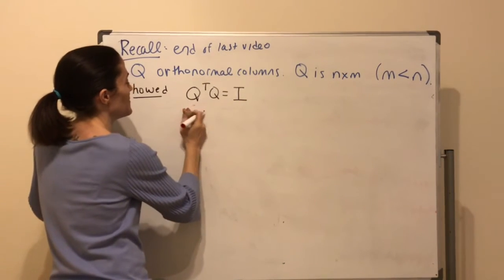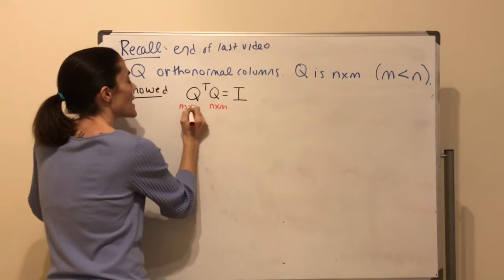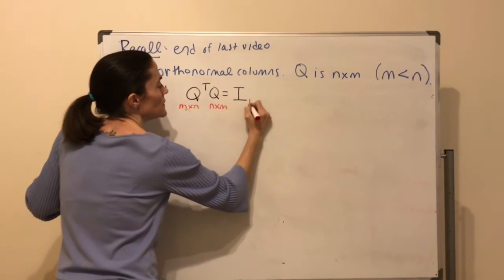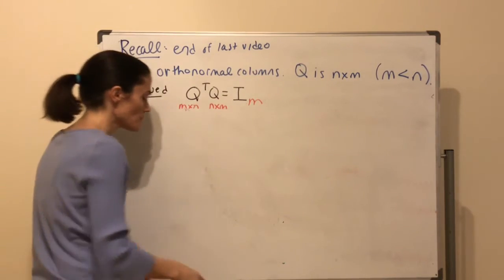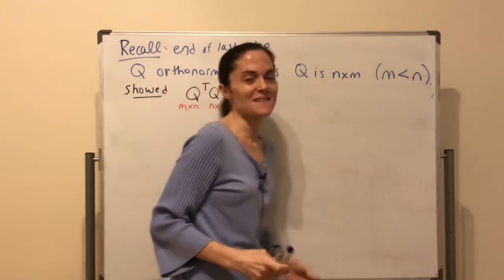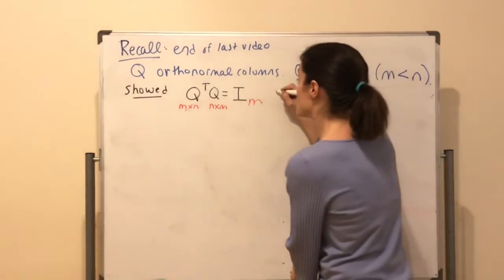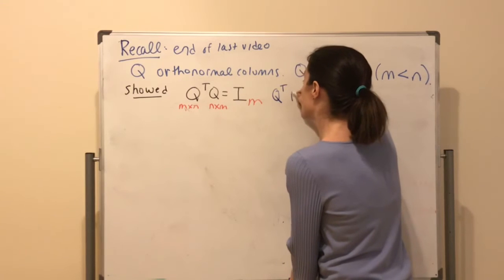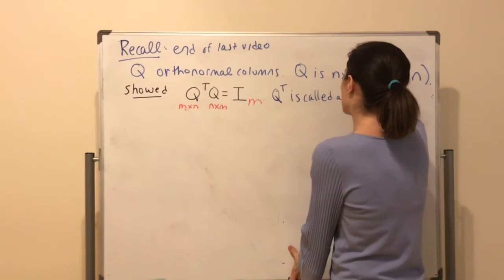Uh-oh, I did it backwards. This one, n by m. This one's m by n, and this one's the identity. It's the smaller identity. And if you remember, this is something that has come up this semester. Q transpose here is called a left inverse.